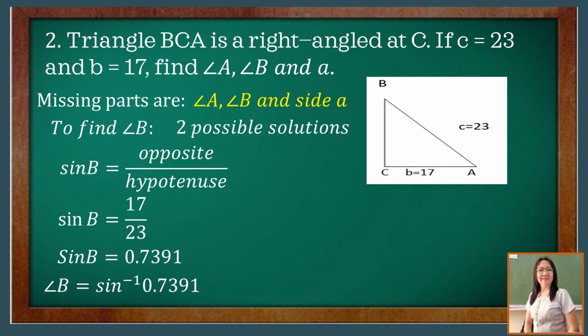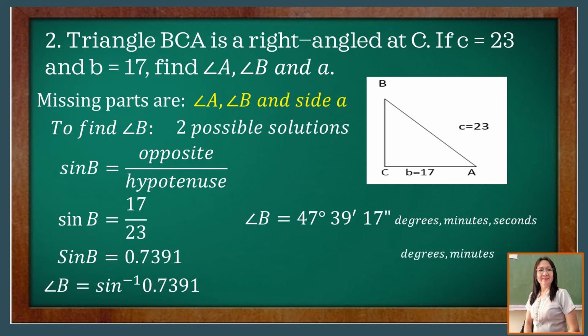0.7391. Then the answer, in terms of degrees, minutes, and seconds completely, will be 47 degrees, 39 minutes, and 17 seconds. Or, if the required is just the degrees and minutes, looking at our seconds, it is only 17.